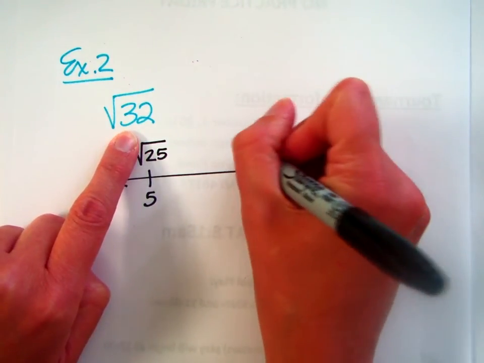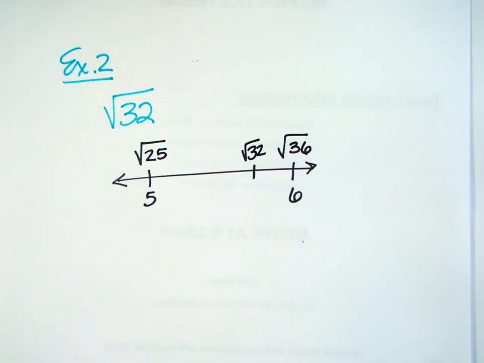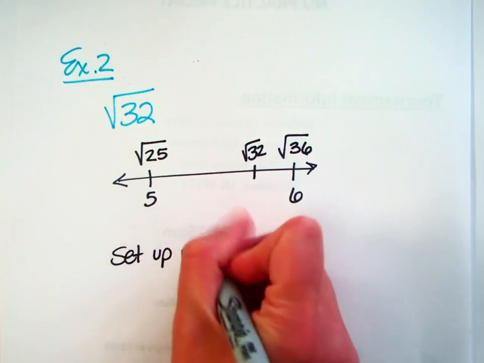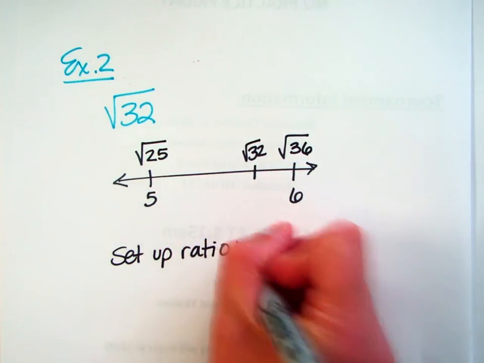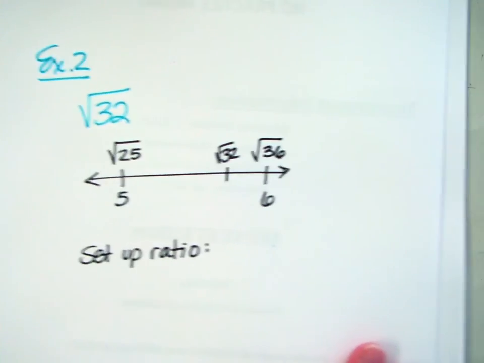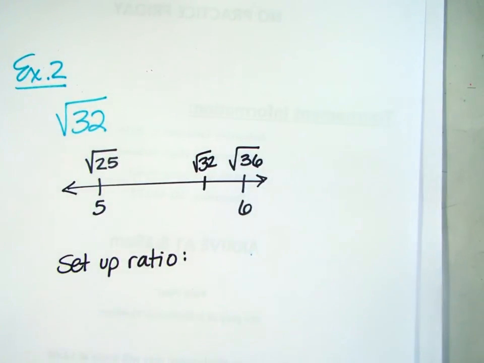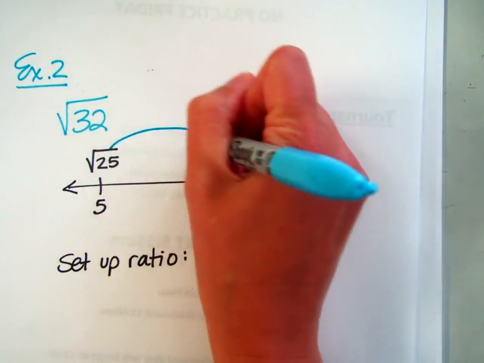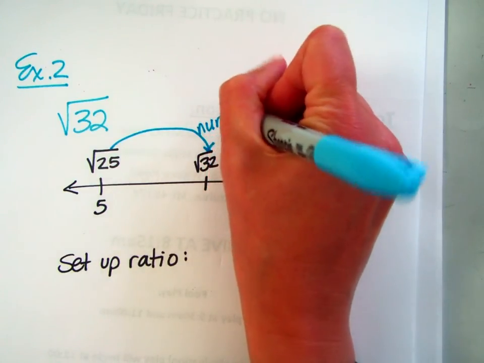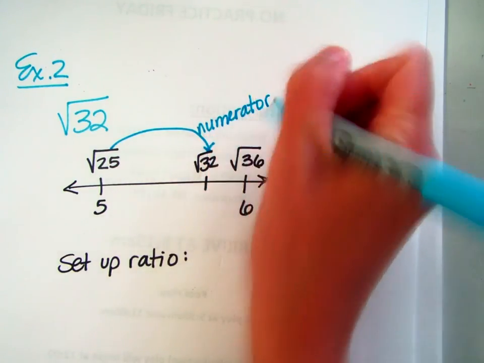We're going to set up that ratio here. So this is where we look for the distance that those numbers are apart, right? So to go from 25 to 32, that's going to be our numerator. What distance is that? 25 to 32? 7.